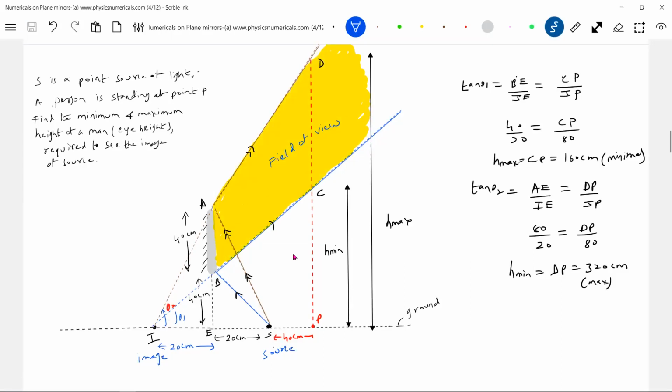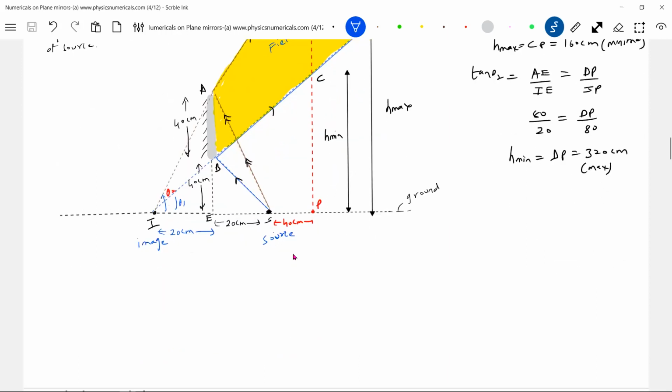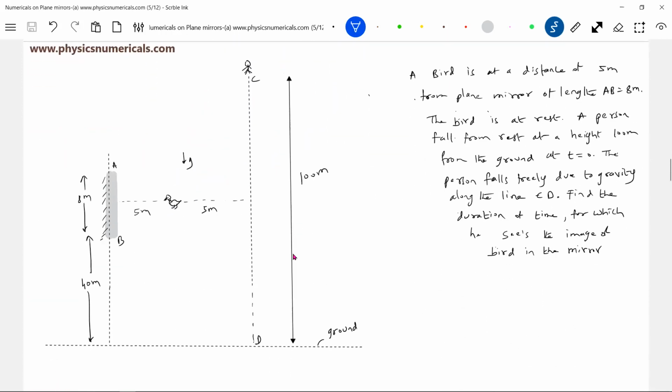Some simple idea-based problem, nothing big. The only thing is the student has to draw the ray diagram.